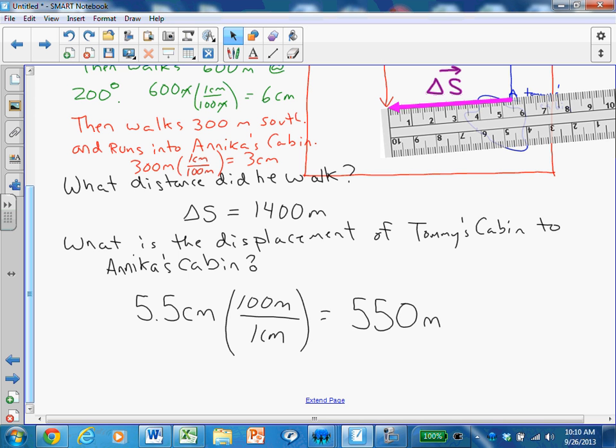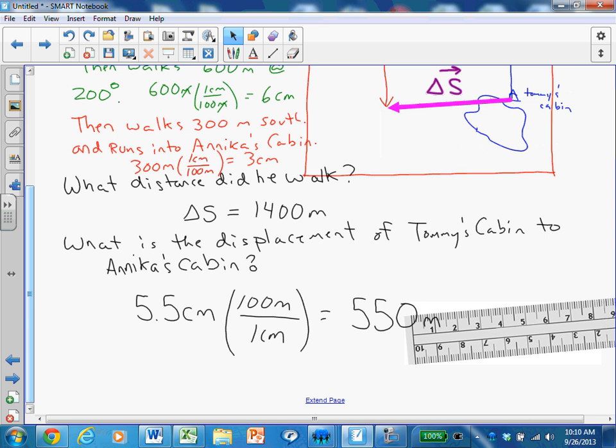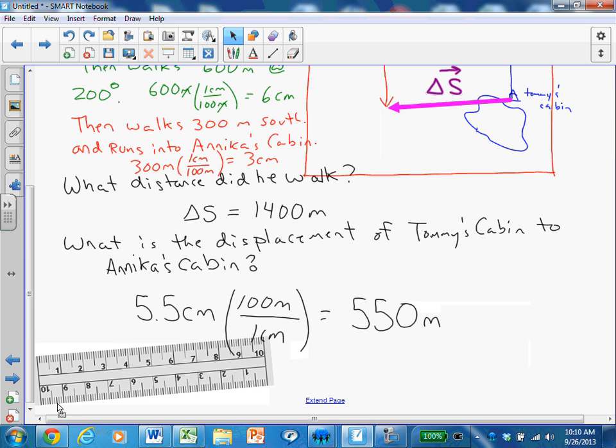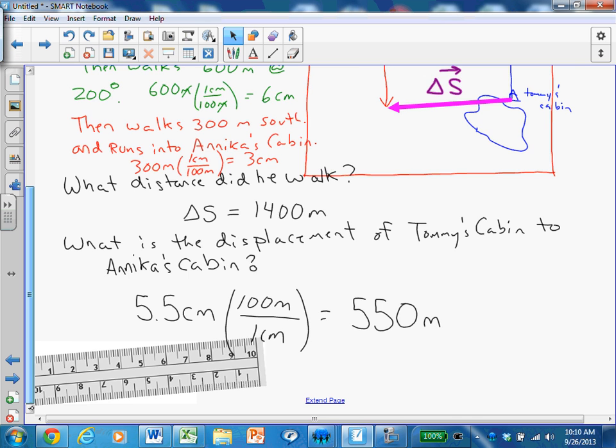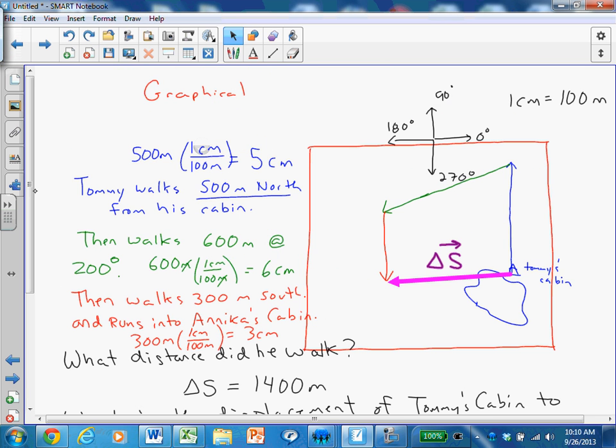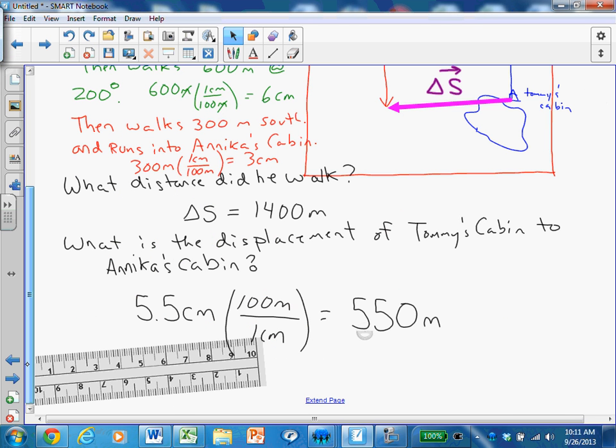Graphically, for the direction, we just use our protractor. Where'd it go? Oh, man. Now I got to find it again. Oh, there it is. So you just take your protractor and put it on there.